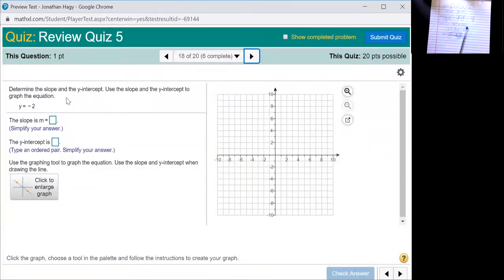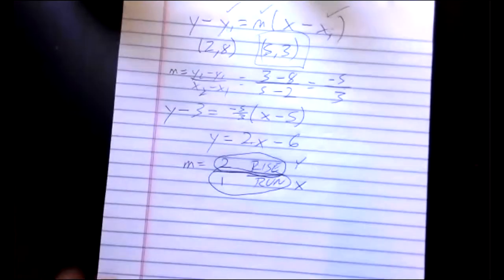Now this one's interesting. Y equals -2. Now this equation is in slope-intercept format, but notice there's no x.